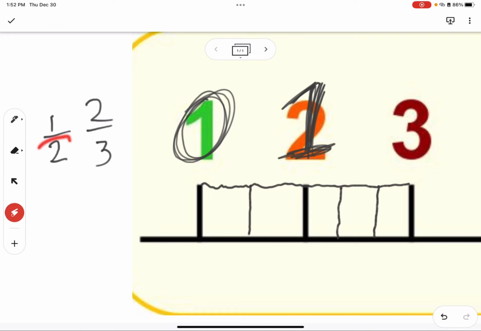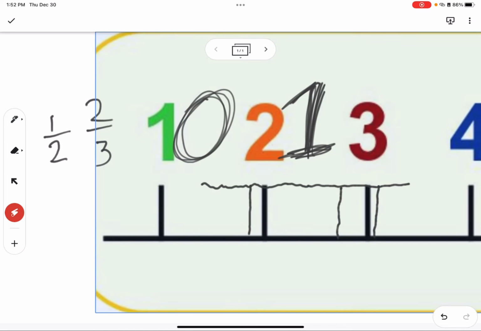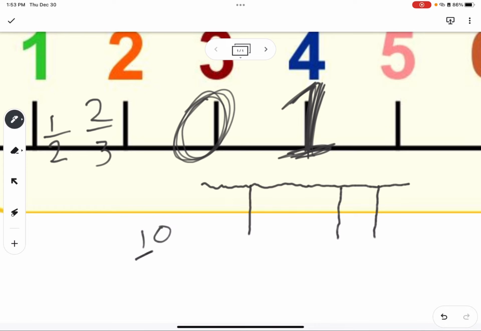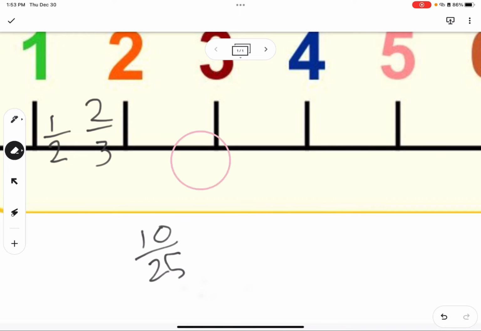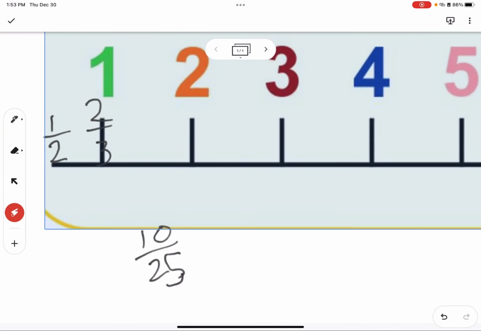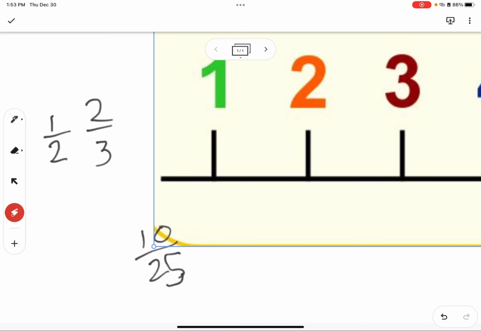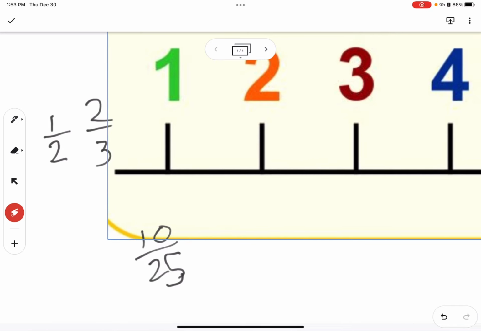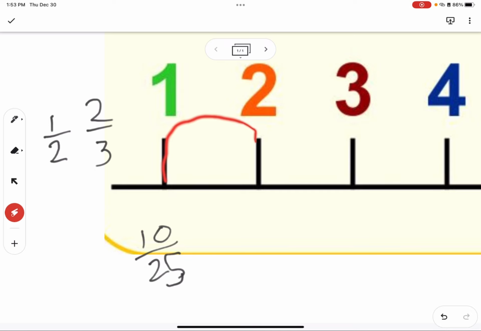So that would represent this. If the fraction's 1/2, then that means that the one whole is divided into 2 equal halves. Well, let's look at a different one. 10 over 25, okay? If my fraction is 10 over 25, how many equal parts am I going to divide this whole into?